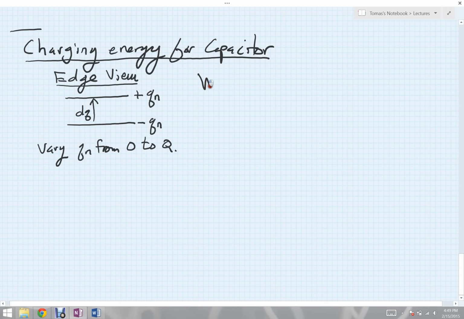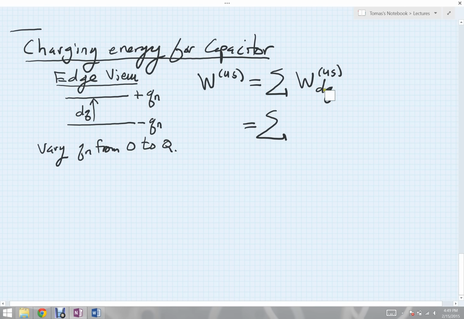I want to determine the work done by us as we carry out this process. And that work done by us, we can follow our standard rules. That's going to be the work that we do at each of these steps to move our charge dq. Now, the work to move a charge dq, we already know, by our definition of work and its relationship to voltage.